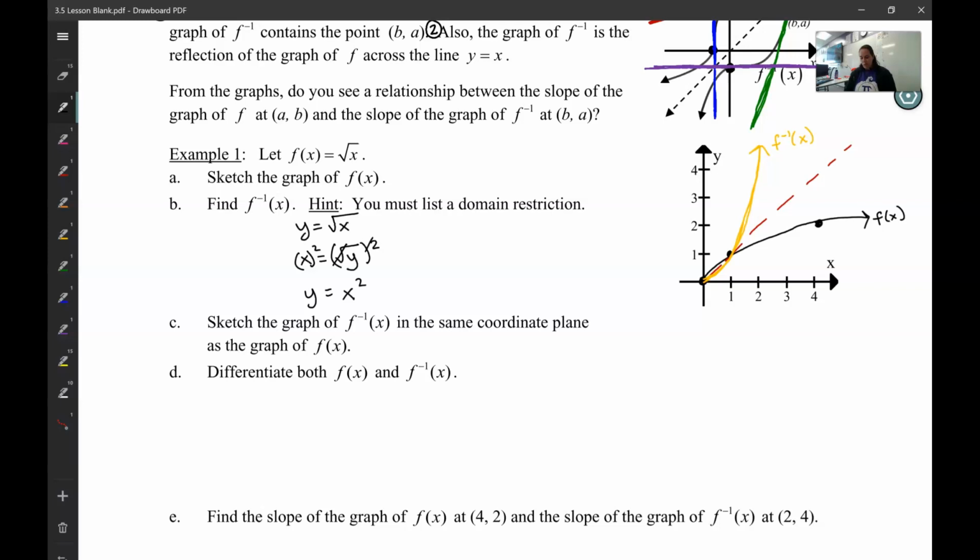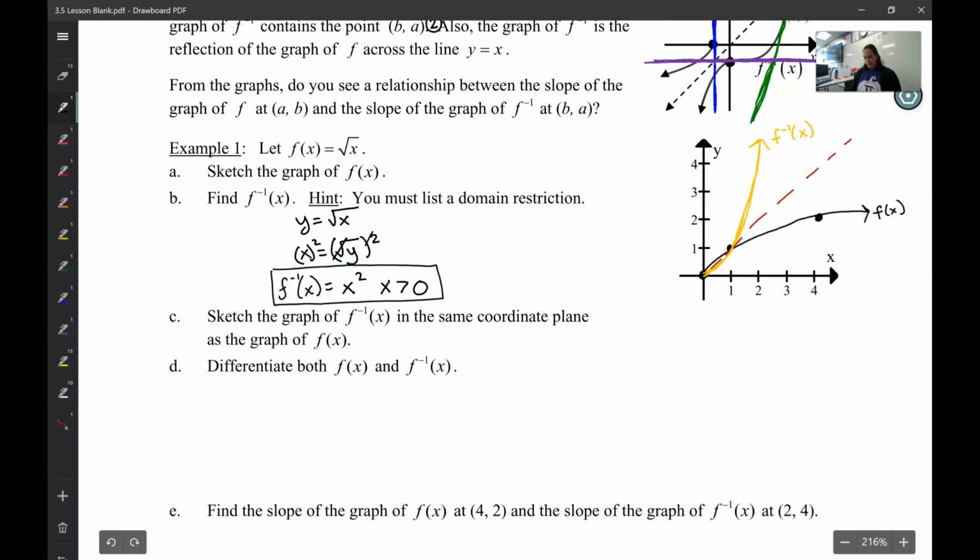The inverse of square root is squaring. But it says we must list a domain restriction. Notice on this graph, I didn't show the whole graph. It's only for x greater than 0. So that's an important point. And let's say this is f inverse. Okay. I have the sketch of both of them in C.